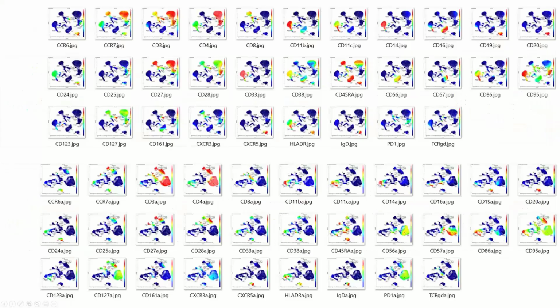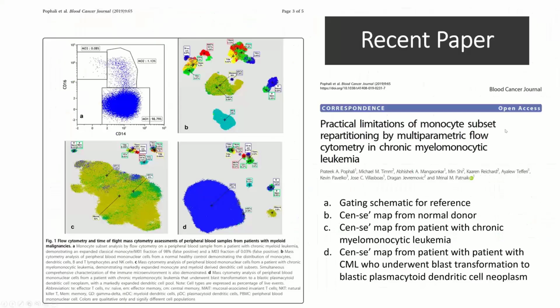And you could look through all of the different heat map intensities to see if you can identify that population. The other way that this abnormal population may show up is just an expanded population that's part of the modeled cell type. So this is a recent paper. The reference is here for your perusal.